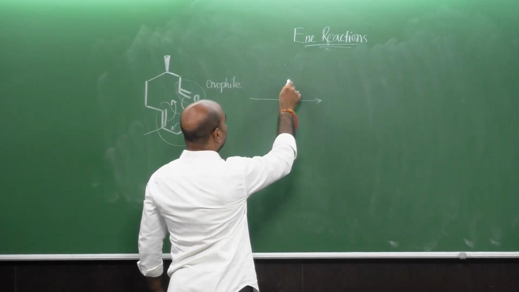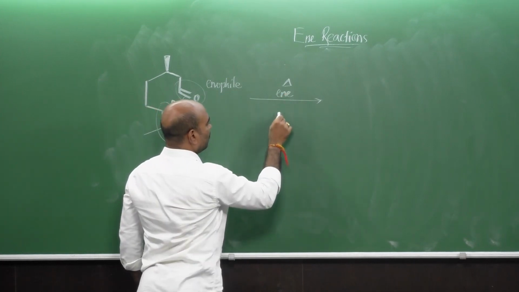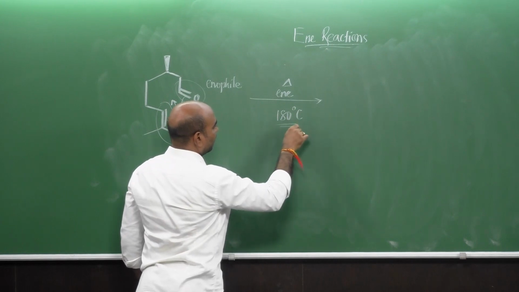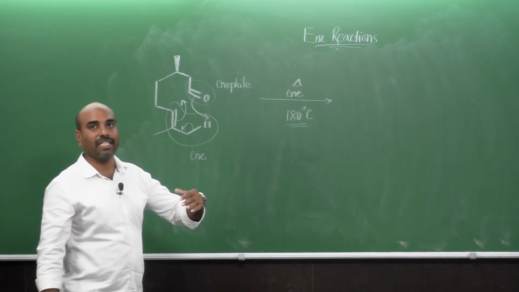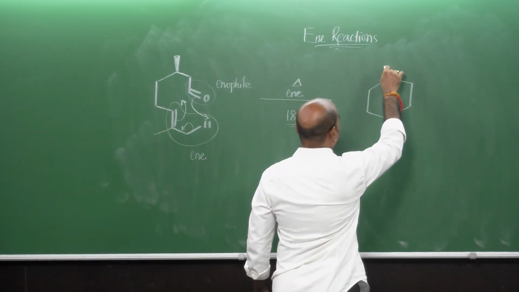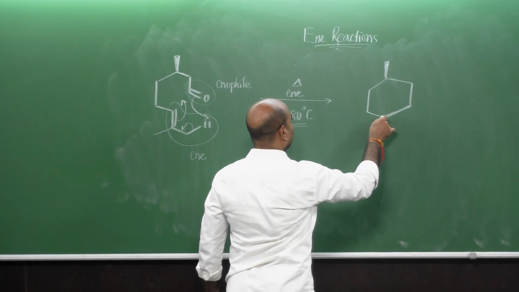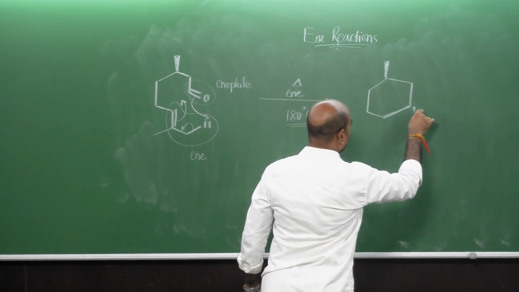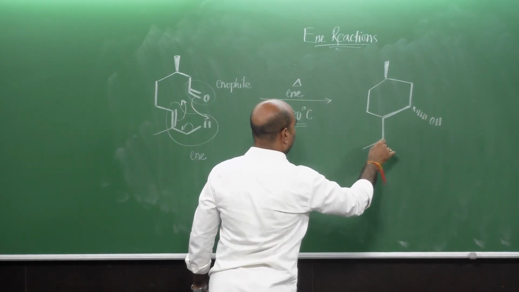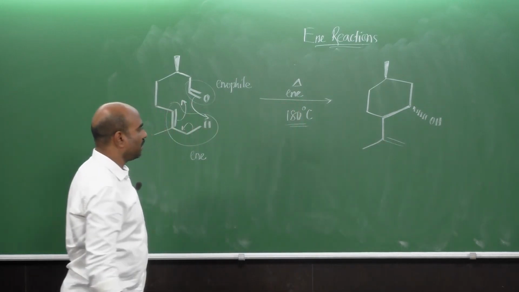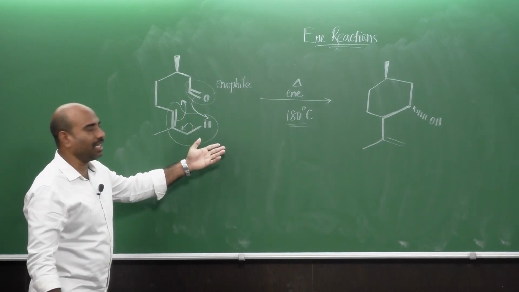You definitely need temperature because ene reactions are thermal reactions. How much do you need? Only 180 degrees centigrade, which is much lower compared to the all-carbon ene reaction as well as the intermolecular ene reaction. This is the new sigma bond formed between the ene and enophile, and then you will see the OH formed. This is the product of this intramolecular ene reaction, which is also a hetero-ene reaction.